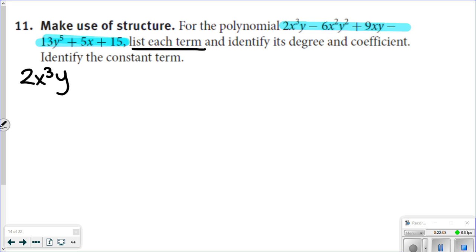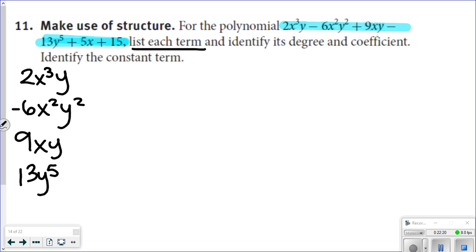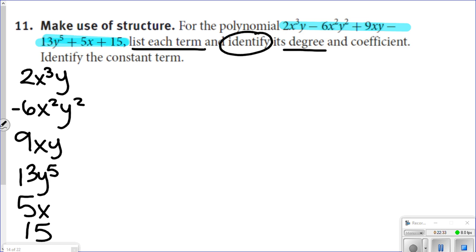Here's my first term. Here's my second term. Keep going. And then it says identify the degree, which is the sum of the exponents.